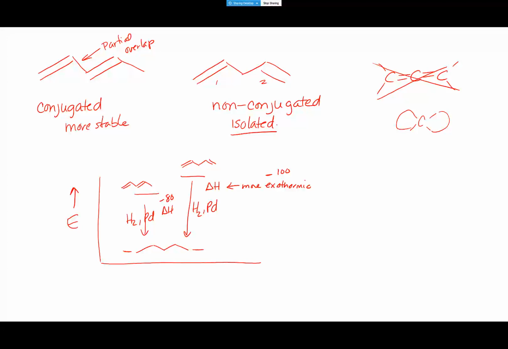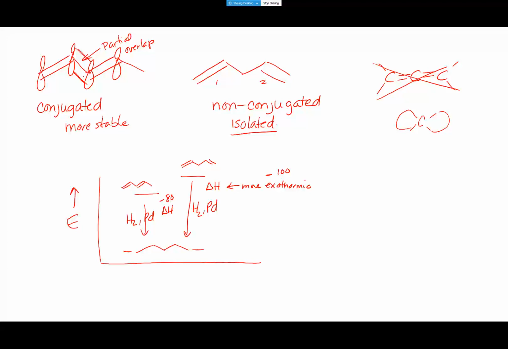And the reason for the partial overlap is because all four of those carbons in the carbon-carbon double bonds are sp2 hybridized, and all the p orbitals are lined up parallel to each other, so there's a little bit of overlap of those two p orbitals in the sigma bond, or in the single bond.